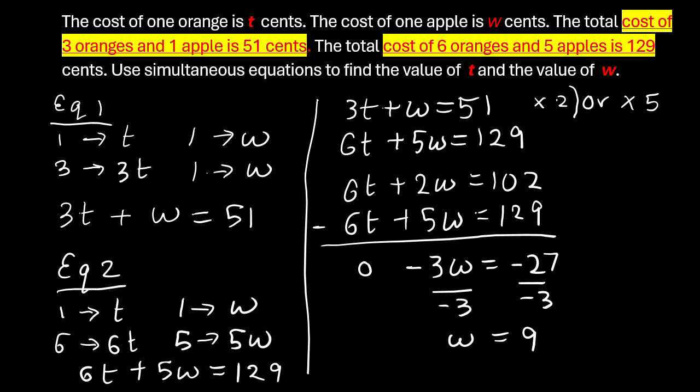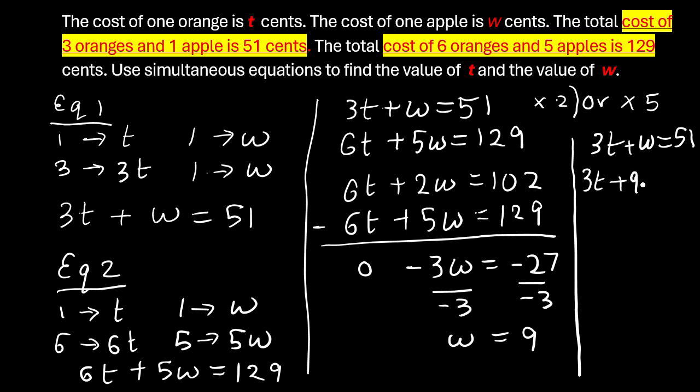Okay, now that we have w is equal to 9, we can plug it into the first equation that we had. So let's say 3t plus w is equal to 51. So we substitute w with 9, so we end up with 3t plus 9 is equal to 51.